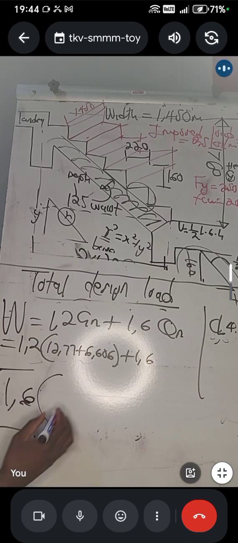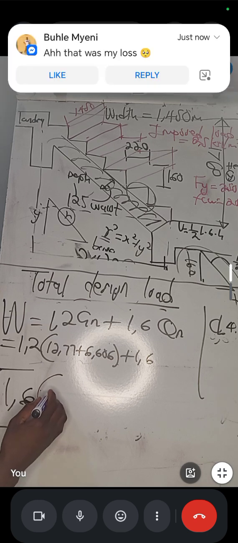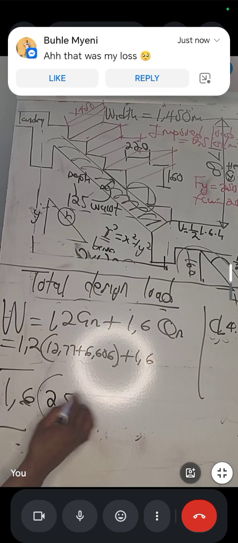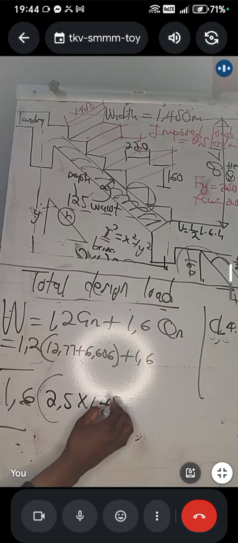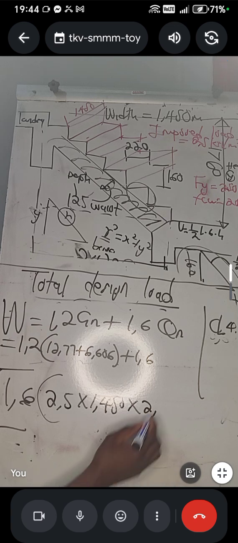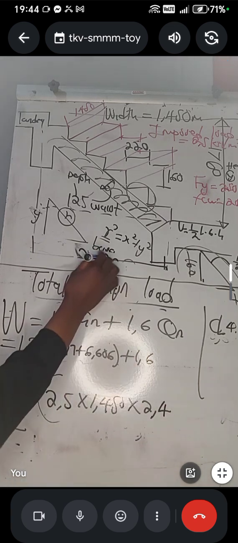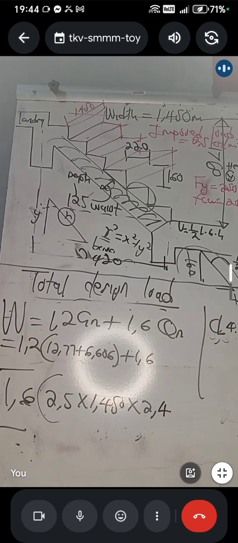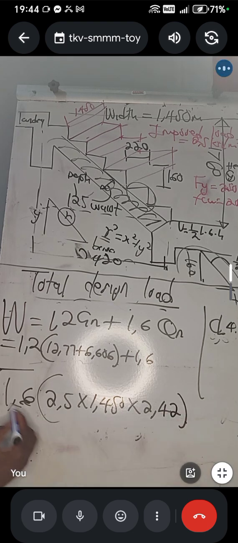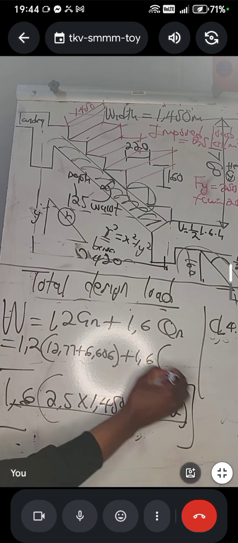The QN is what? What was the imposed? It's 2.5 multiplied by 1.450 multiplied by 2.4, ne? 2.420, ne? It's 2.420, ne? Yes. Good. This is what you must do here.